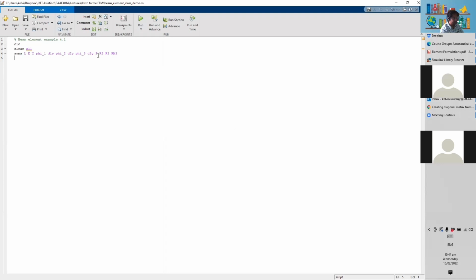And then our unknowns here: P, R2, R3, M3, or reaction moment M3. You can make a comment here and say M3 is the reaction moment, if I just want to be clear.